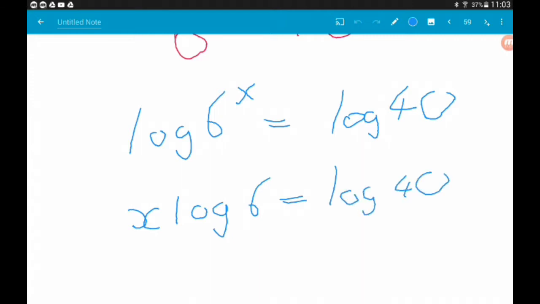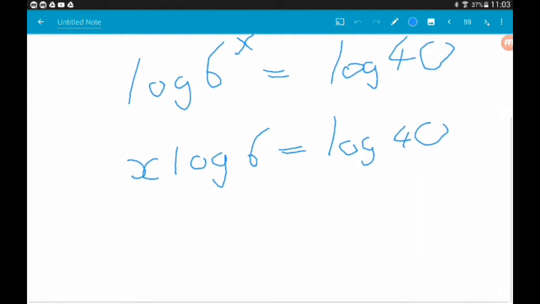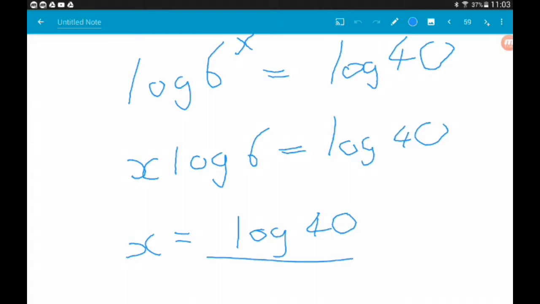And remember, we're solving, so we want to get x on its own. So what we do now is divide both sides by log 6. So we would get x equals log 40 divided by log 6. Now be very careful there, you can't combine those at all.